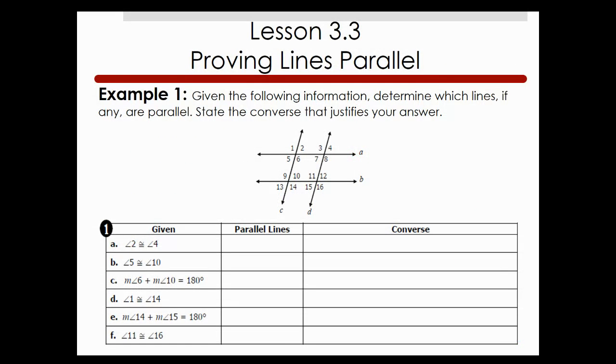So let's try example 1. You have angle 2 and angle 4. This is the line that connects them, that's the transversal. So what's the relationship between angle 2 and 4? It seems that angle 2 and angle 4 are corresponding angles, right? If corresponding angles are congruent, we're going to use the corresponding angle converse.